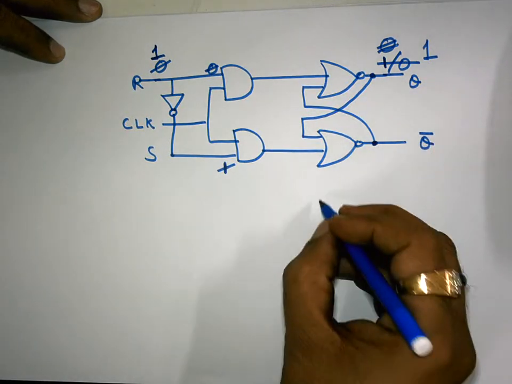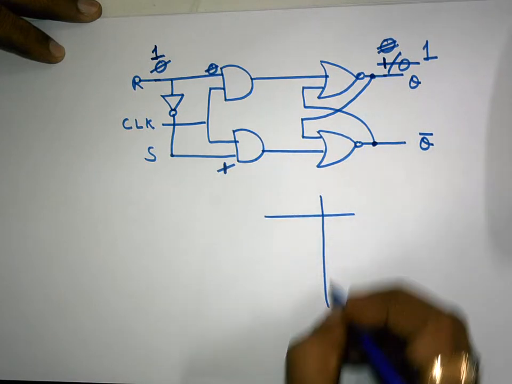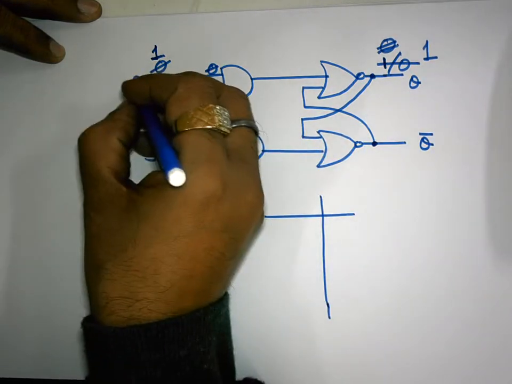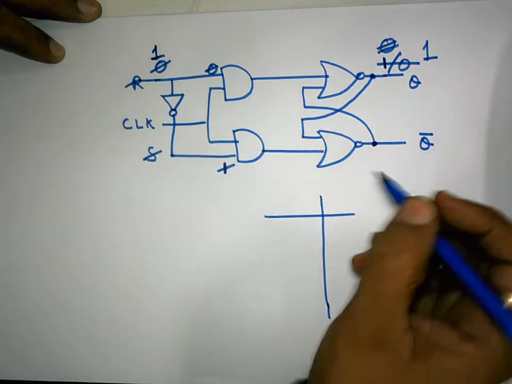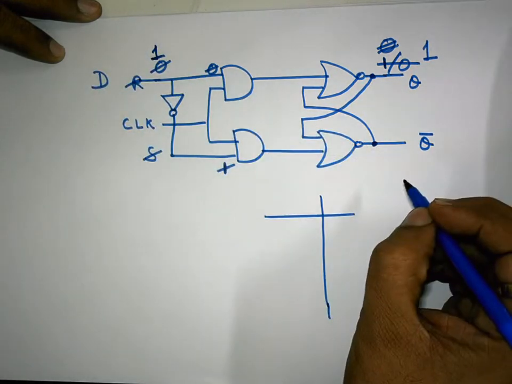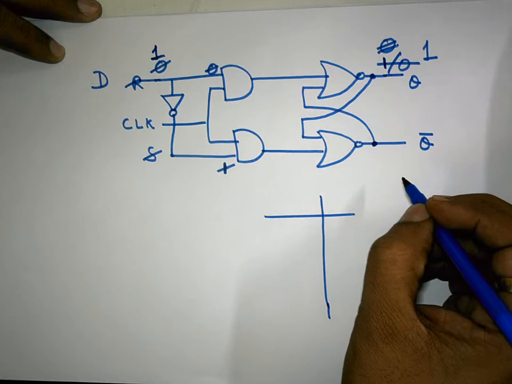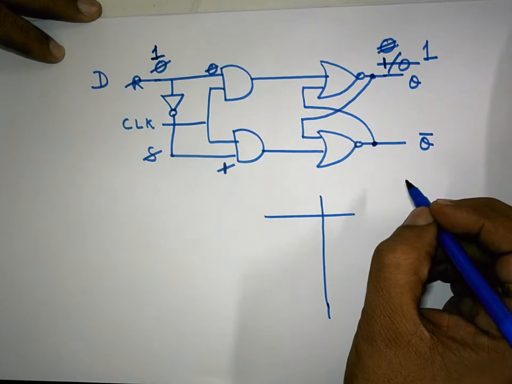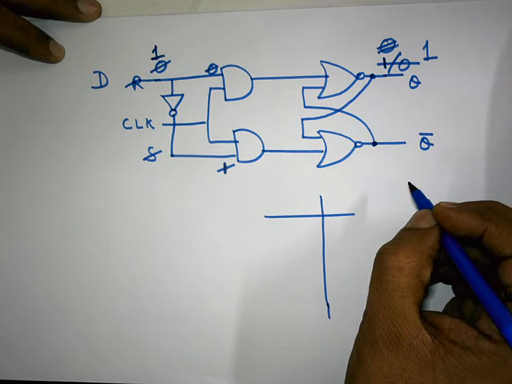So now this flip-flop is given a different name. Instead of R and S, we now name it D flip-flop, and D stands for data flip-flop. It is basically used for data storage. It is the basic memory element cell.